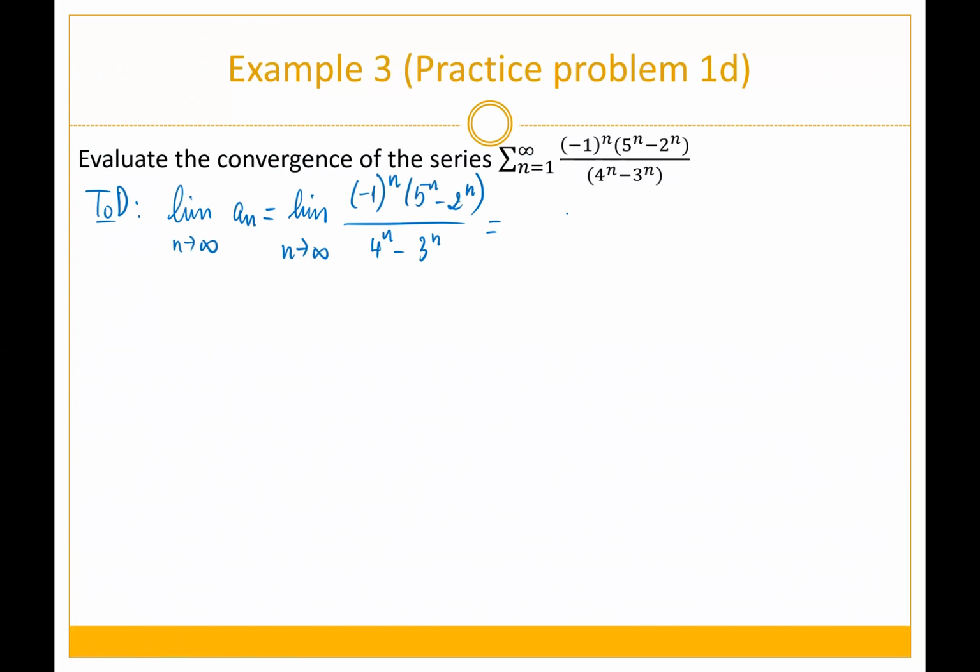Now this one, you know for a fact that it's going to be the limit as n approaches infinity of negative 1 to the n, times 5 over 4 to the n, minus 1 over 2 over 4 to the n, over 1 minus 3 over 4 to the n.